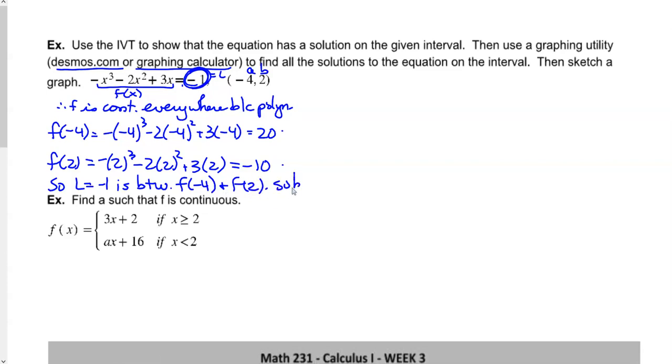So by the IVT, there is at least one C between -4 and 2. So not until we look on our graph are we going to know how many of those that there are. Okay, so I'm going to have to go over to this computer and work on some things as I record. First, I need to expand off this.